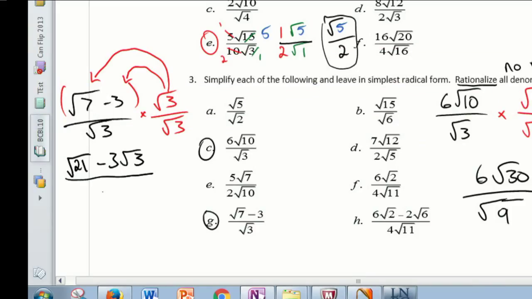And then on the bottom, I have root 3 times root 3, which is just going to give me root 9. Root 21 minus 3 root 3. And then I know I have a 3 on the bottom.